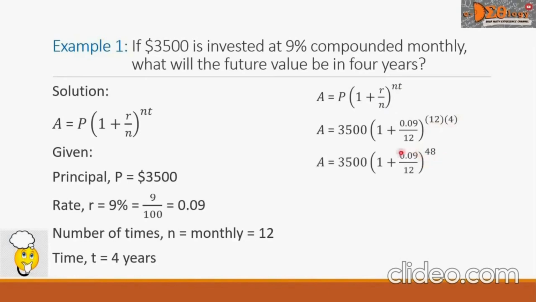Next is, let us simplify this fraction, 0.09 over 12, and we will get this 0.0075. And then we will add 1 plus this decimal, and that is now 1.0075.